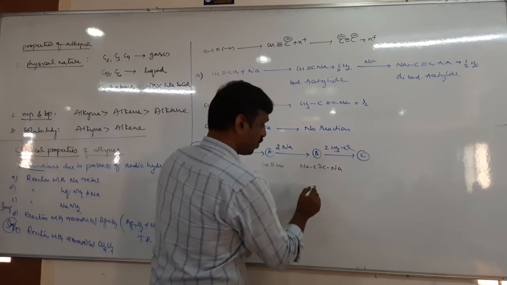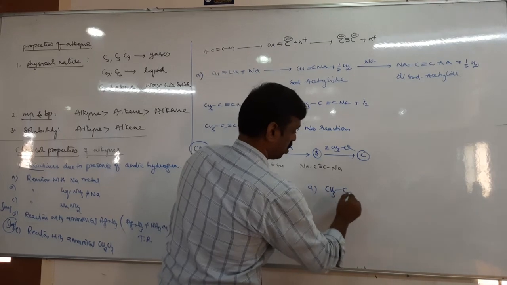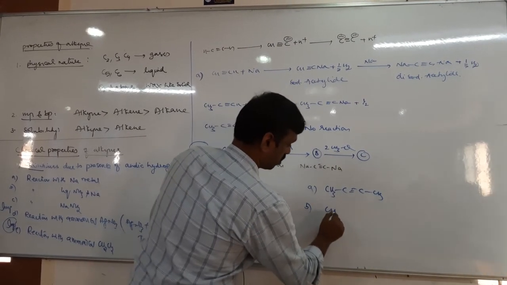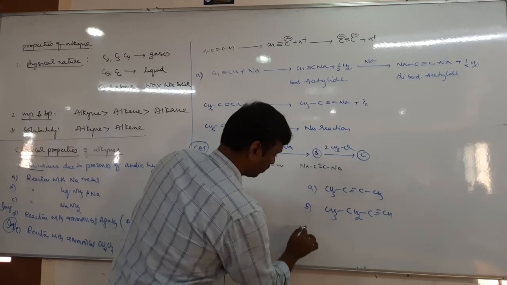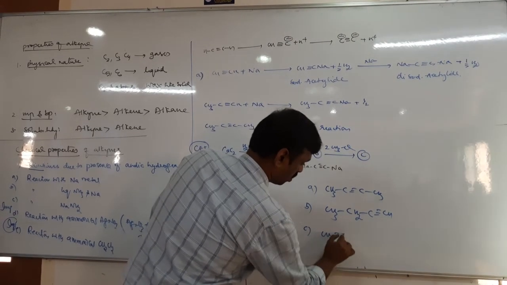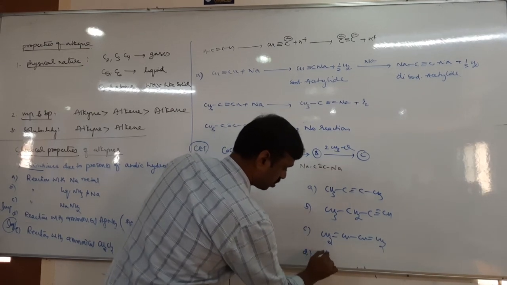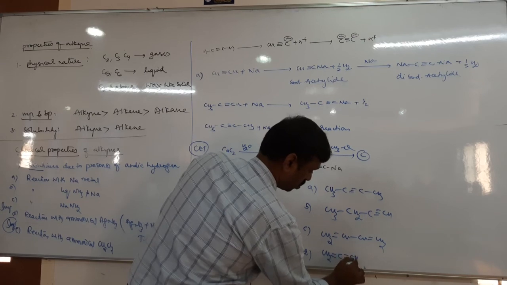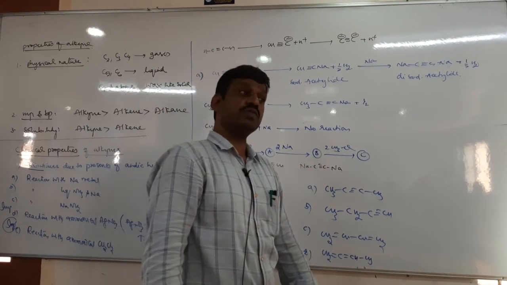So to identify the positional isomer, the options are: butane, but-1-yne, 1,3-butadiene, and D is 1,2-butadiene. So which of the following is the positional isomer?